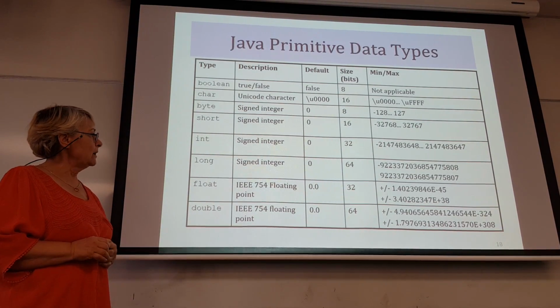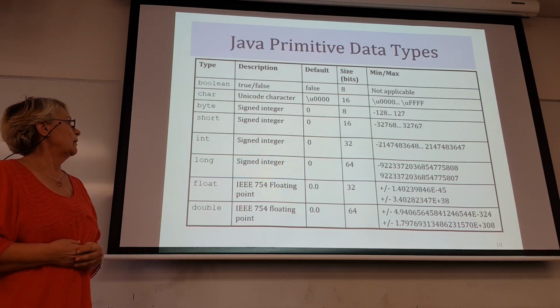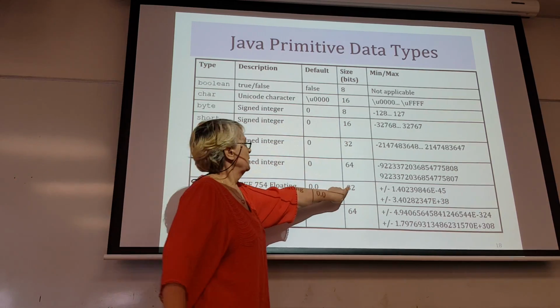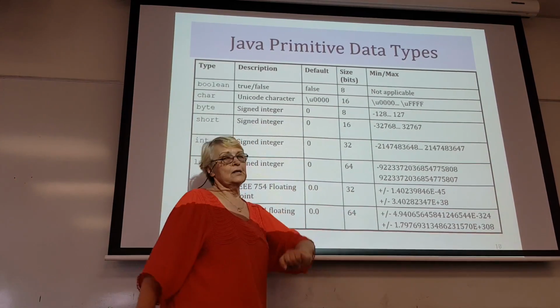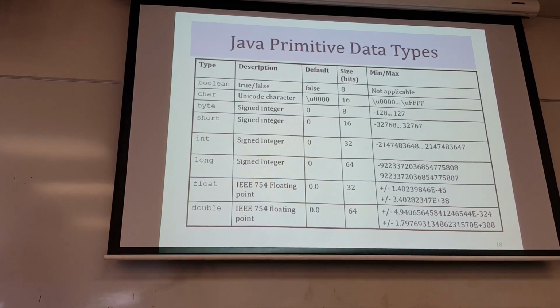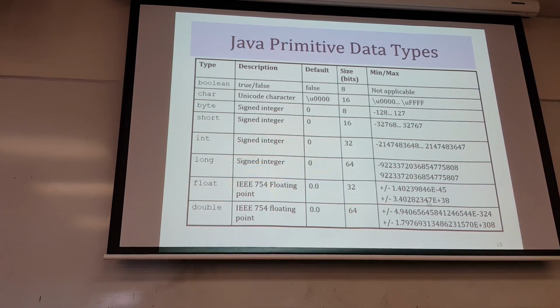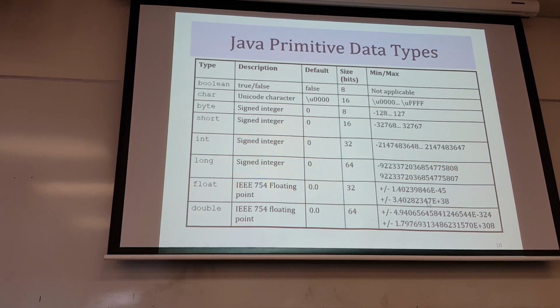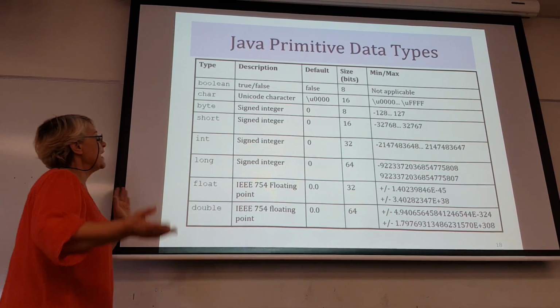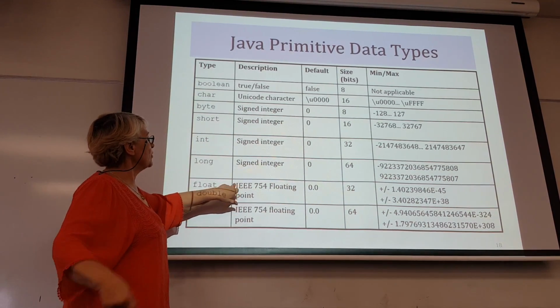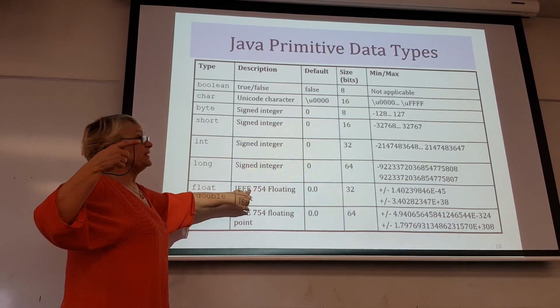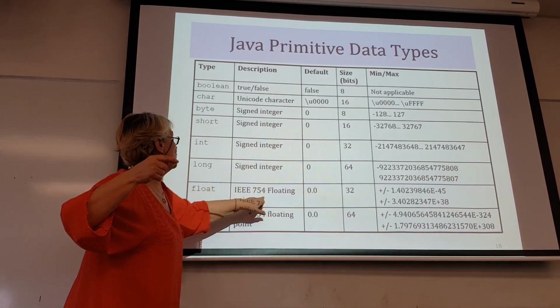Float and double have different size when they are working in Java, and they have different ranges, but they are of large ranges. And this stands for IEEE standard 754 floating point.